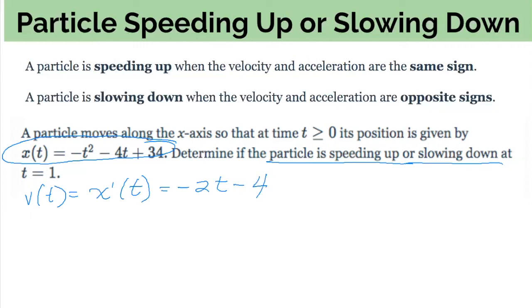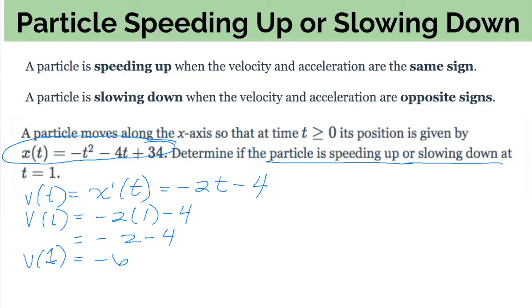And then I need to plug in 1. Velocity equals negative 2 times 1 minus 4, which gives us negative 2 minus 4, which is negative 6. So at 1, it is negative 6. So now I have to take the derivative of this function.